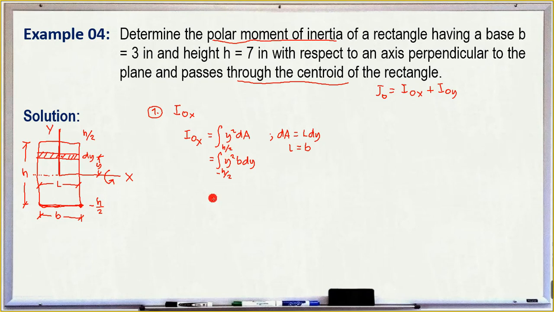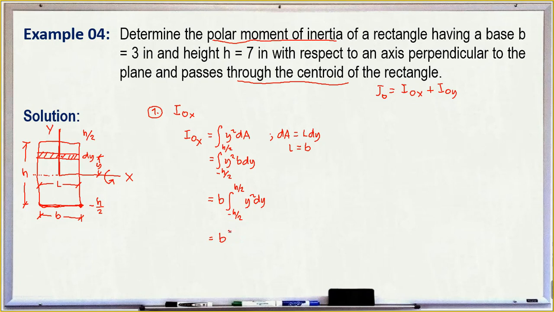So next, ato ipagawas si b kay constant man na siya. So si b kay constant, so pagawas. Then integral from negative h over 2 to h over 2, and we have y square dy. So since uniform naman ang variable nga naa, so integrate directly.